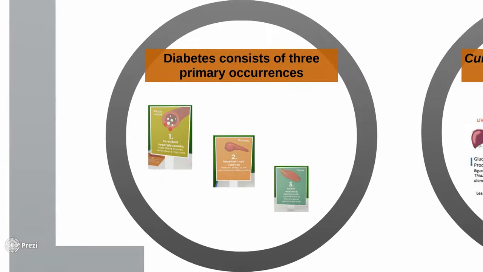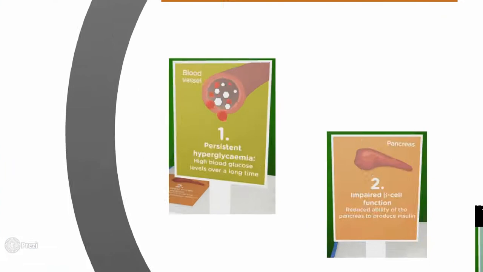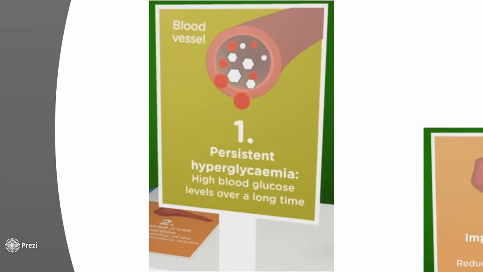So let's start out with, how do we treat diabetes today? We have three main occurrences that we see in diabetes. The first being persistent hyperglycemia.